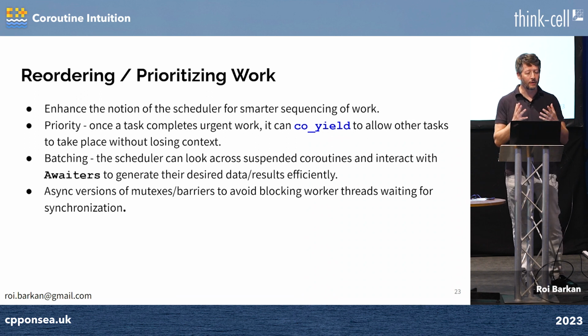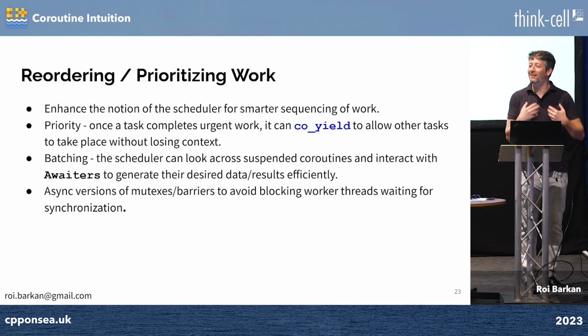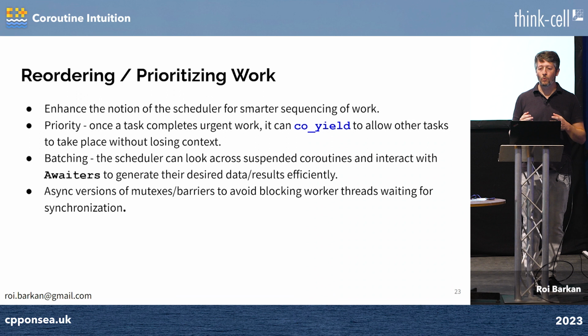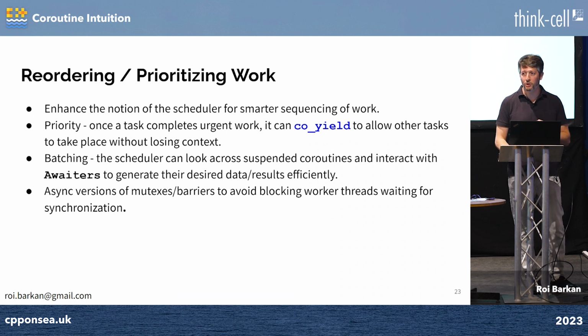You can't really use them in a coroutine world. So a scheduler that's more aware of these types of scenarios will be able to give you coroutine-aware, coroutine-enabled mutexes and barriers, where instead of blocking the entire thread, just this specific actor will get moved out of the running queue, let other things run, and the scheduler will know to get it back into play when the correct conditions are met. Okay?